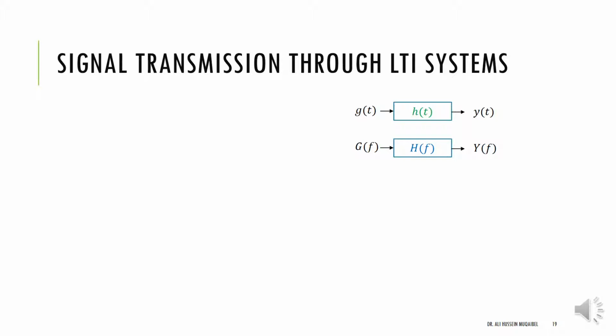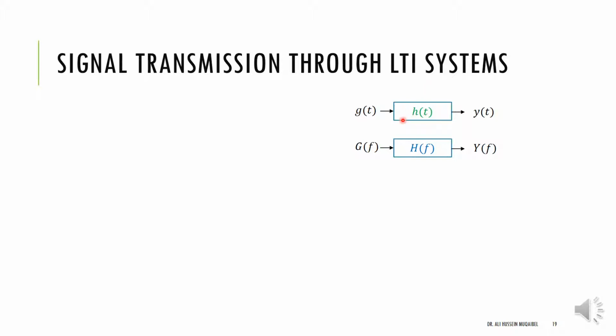Okay, so what's the advantage of all these transforms we have been through? One of the important advantages is that the Fourier transform makes analysis of signals and systems simple or relatively simple, especially if we have LTI systems, linear time invariant systems. Linear time invariant means does not change with time.